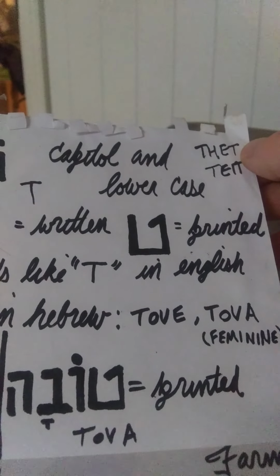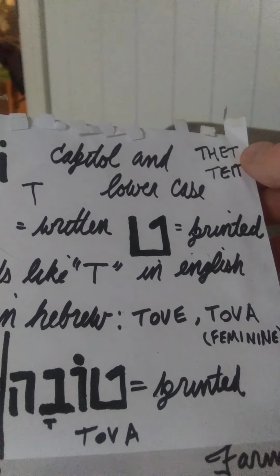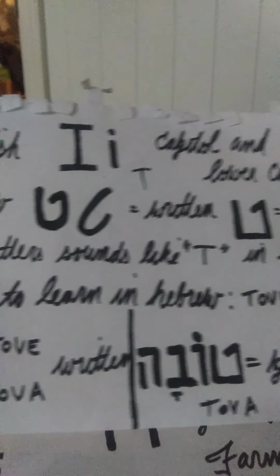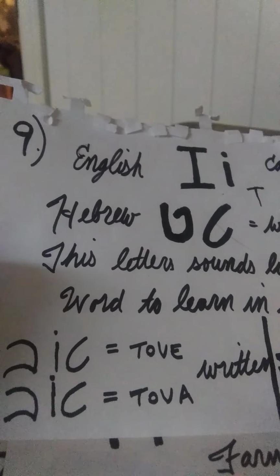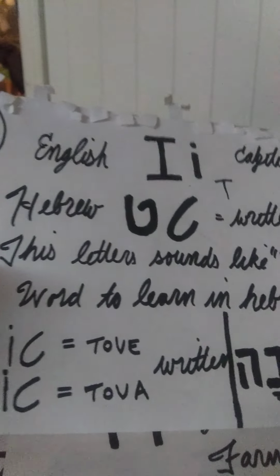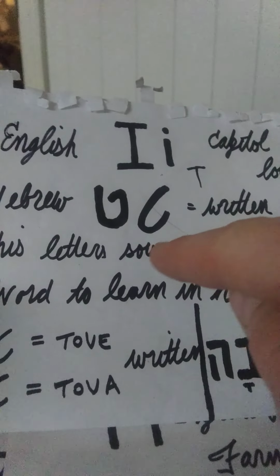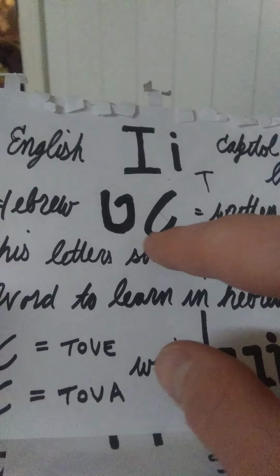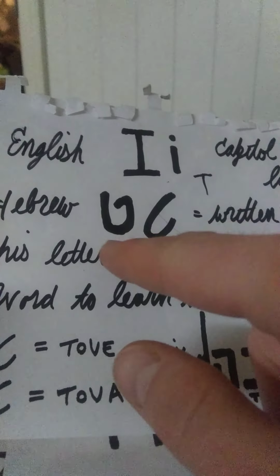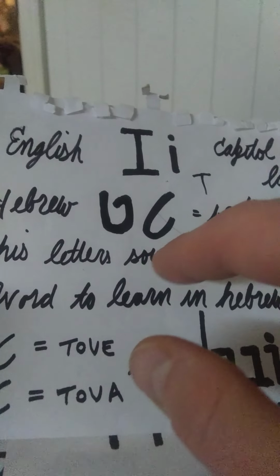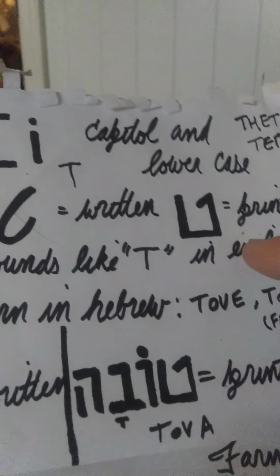Thet. So number 9. Thet. So this is what thet looks like. Both are written versions of thet, depending on the context. And then we have our printed once again.